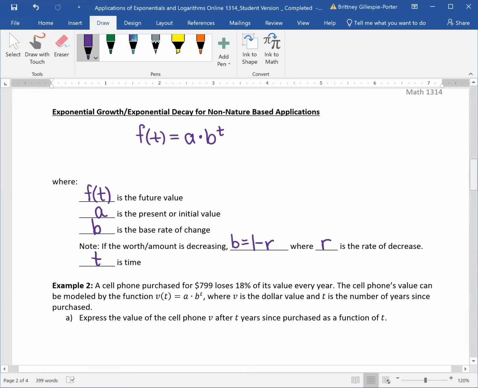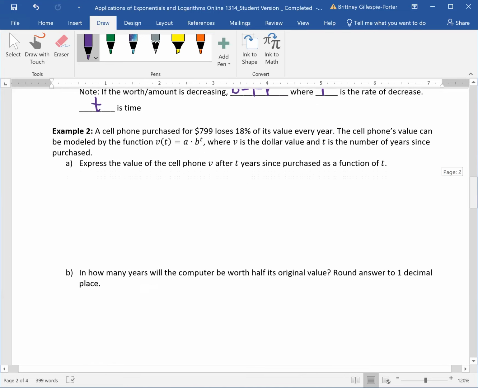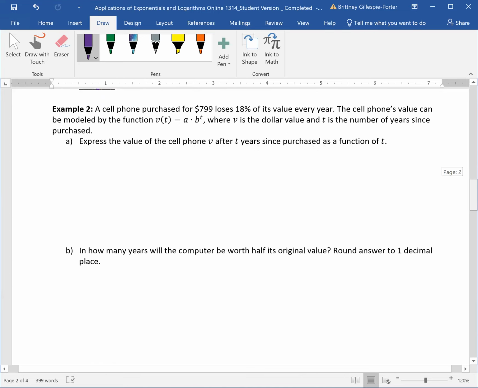So in this next example, it says a cell phone is purchased for $7.99 and loses 18% of its value every year. Cell phone's value can be modeled by the function v of t equal to a times b to the t. V is the dollar value, t is the number of years since purchased.